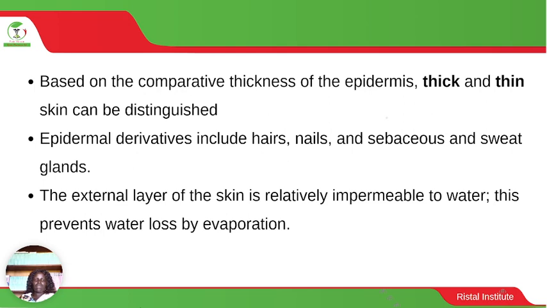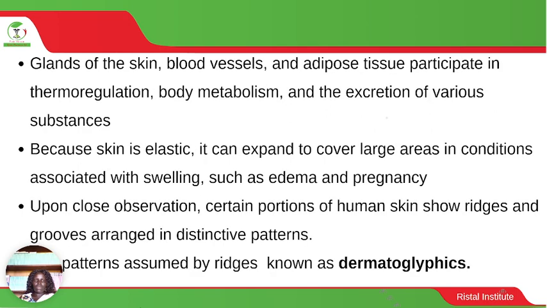Epidermal derivatives include hairs, nails, and sebaceous and sweat glands. The external layer of the skin is relatively impermeable to water. This prevents water loss by evaporation. That is why water can be contained in our bodies for a very, very long period of time.